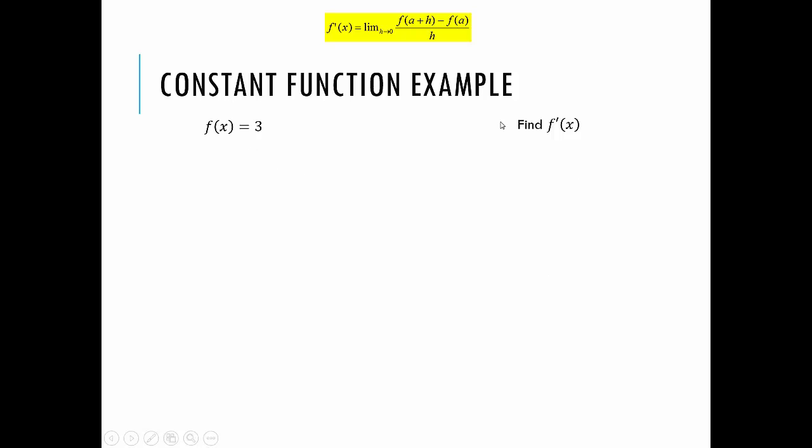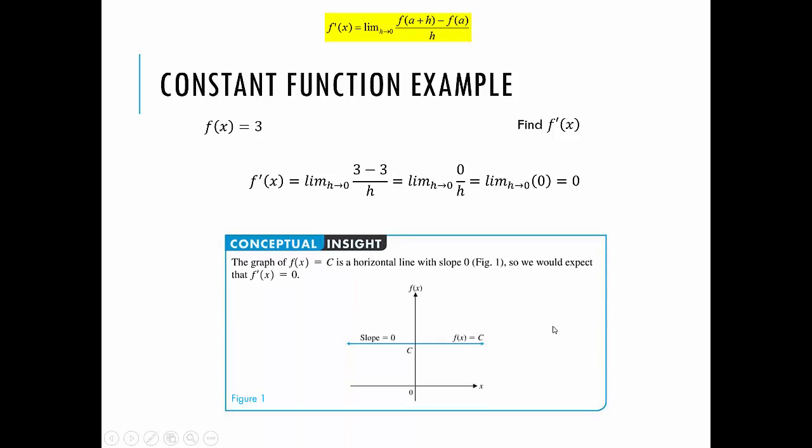If we have a constant function and we use our limit definition, and I want to find the derivative of y equals 3, or f of x equals 3, well, I don't have an x here, so I simply plug in my 3 minus 3 and I get 0. My limit is 0, so the derivative is 0, which should make sense, because the graph of y equals 3 is a horizontal line, which would have a slope of 0.